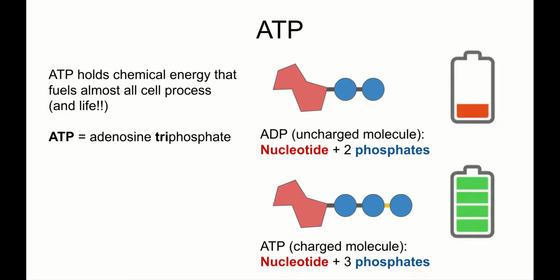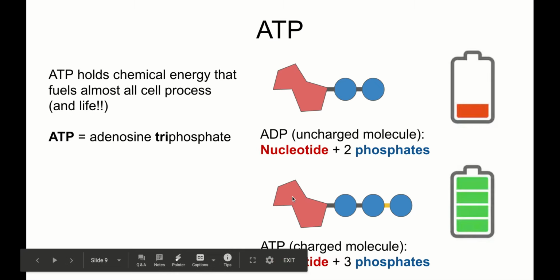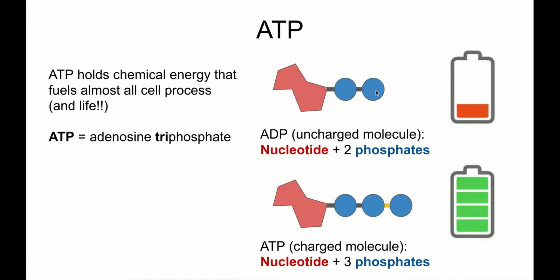ATP, like you saw before, stands for adenosine triphosphate. So if you haven't figured it out yet, this red shape, this is adenosine. These blue shapes, these are phosphates. Tri means three, so this is adenosine plus three phosphates. ADP, what could that stand for? Well, there's only two phosphates here. What could D stand for? Di, a prefix that means two.